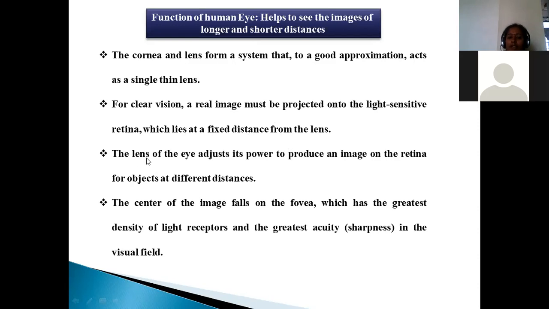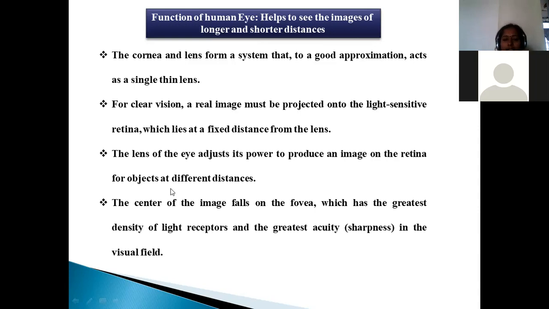Okay. Lens. Another part of the eye is the lens. What is the function of the lens? It will adjust its power to produce the image on the retina. Okay. When you use a camera, what do we do? In order to get high resolution, we have to adjust the lenses. By adjusting, we can concentrate the light. The main purpose of a lens is concentrating the light.